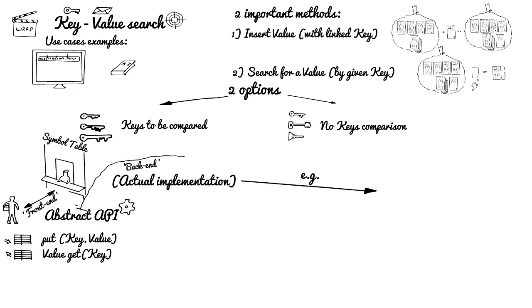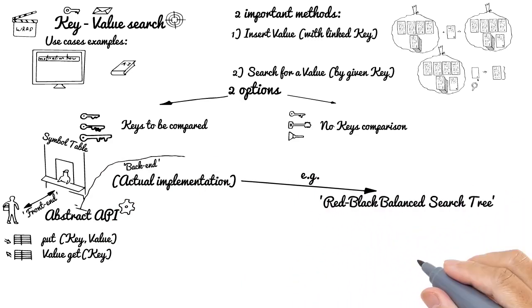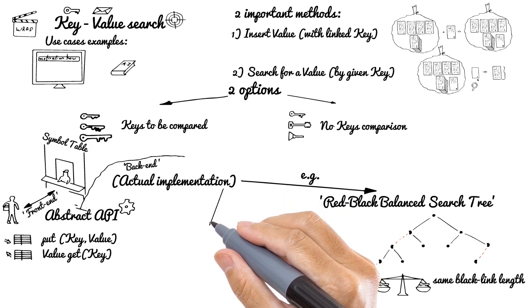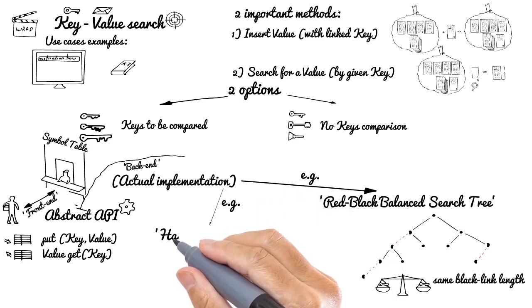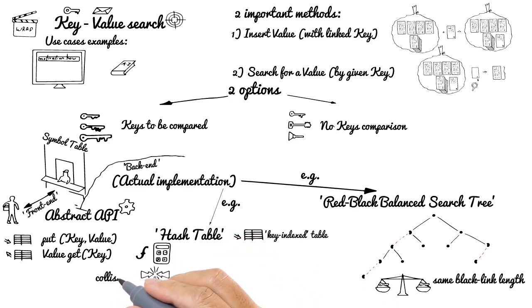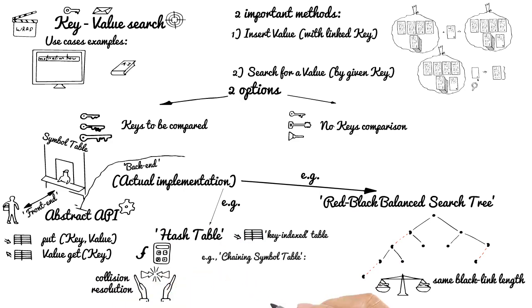It might be a specific type of tree structure, a red-black balanced search tree underneath, which is perfectly balanced, having the same black link length from root to any leaf node, or the implementation might use the hashing idea by calculating a place on a shelf by a given key. This idea brings collision possibilities when more than one key could point to the same place. So collision resolution mechanisms were implemented, like the chaining symbol table, for example.